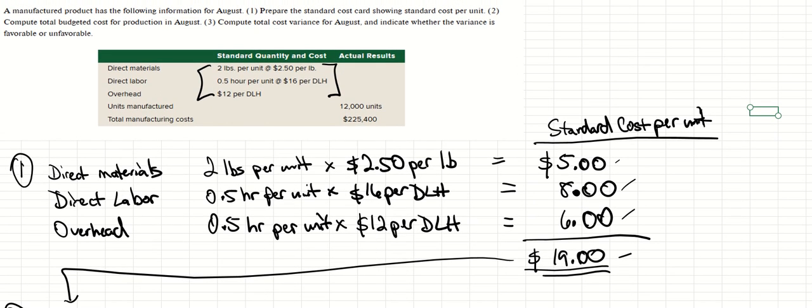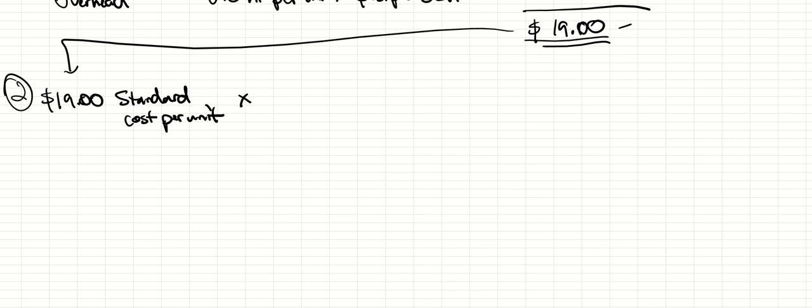And that something is going to be units manufactured, which they give us underneath actual results of 12,000 units here. So I'm going to multiply the $19 by 12,000 units because that's how many units were manufactured.